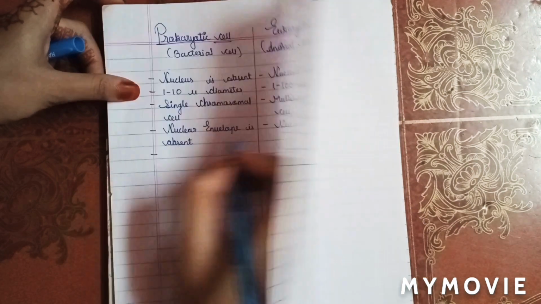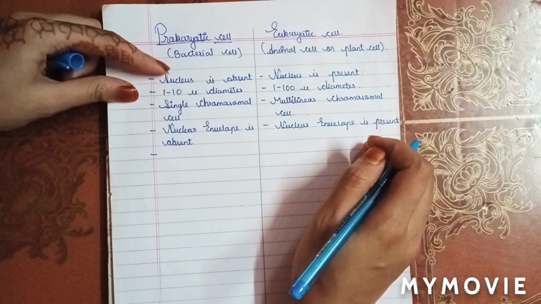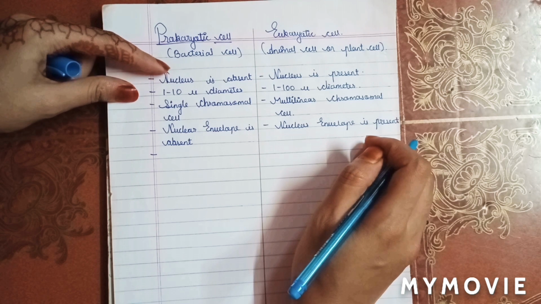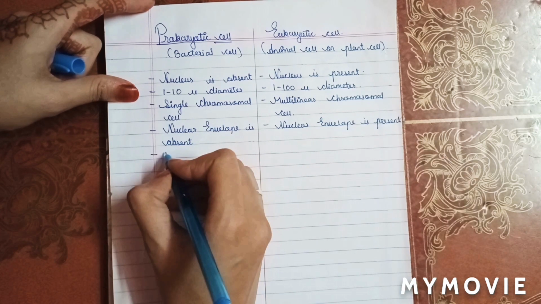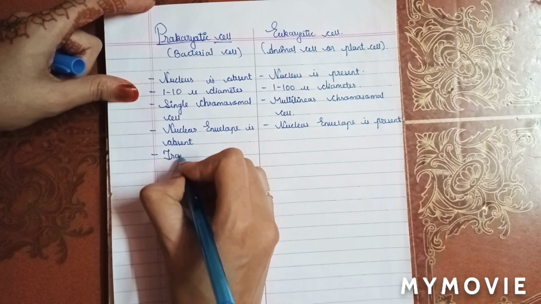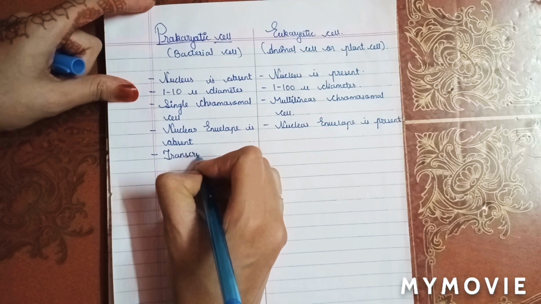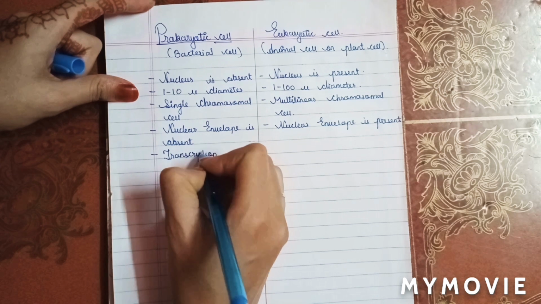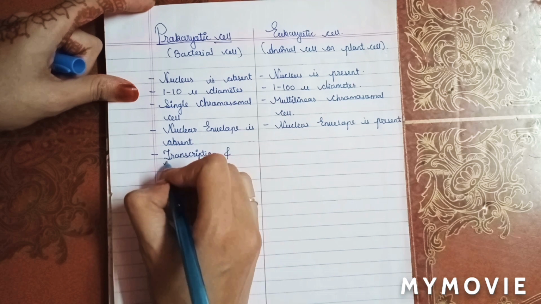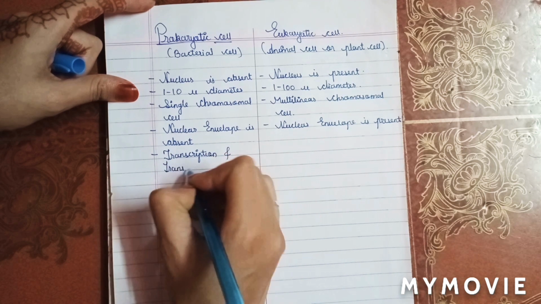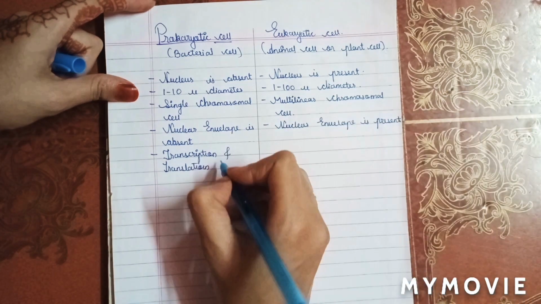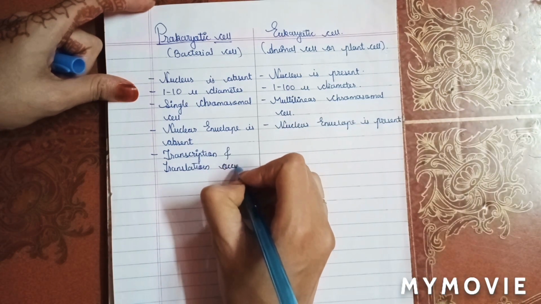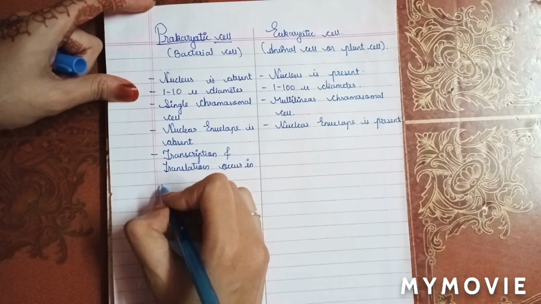Now, as we know that the nucleus is absent in case of prokaryotic cell, the transcription and translation occur in the cytoplasm.